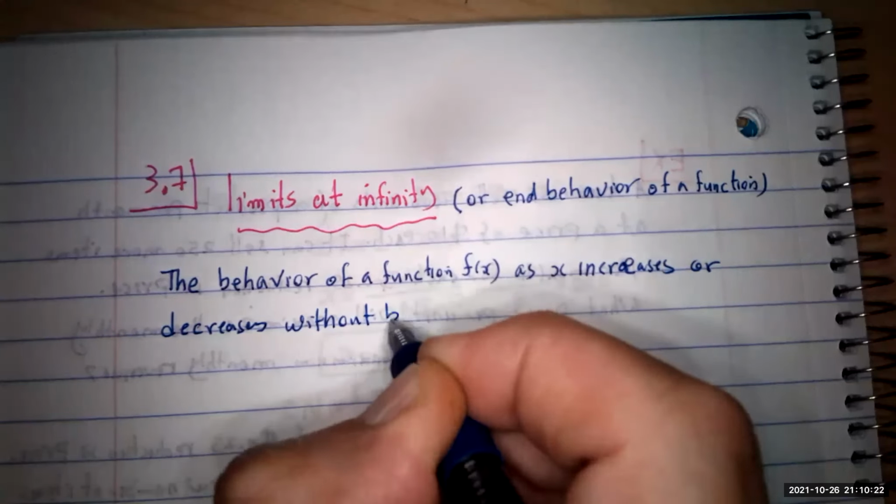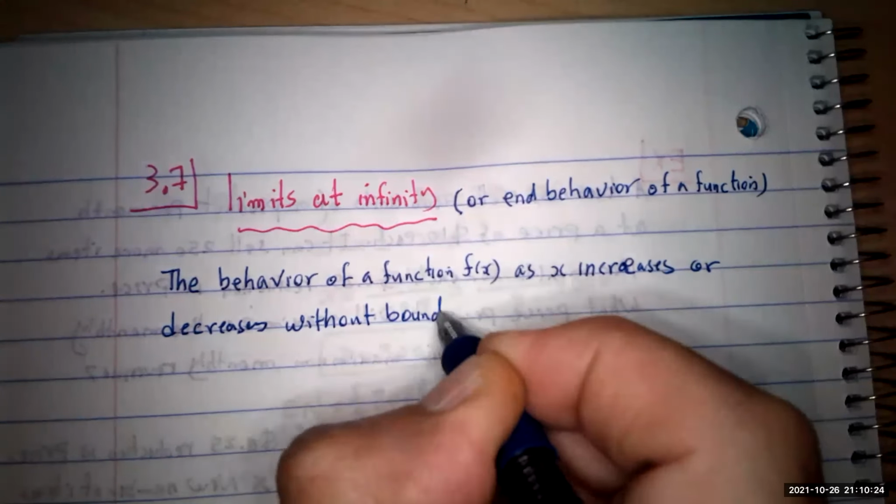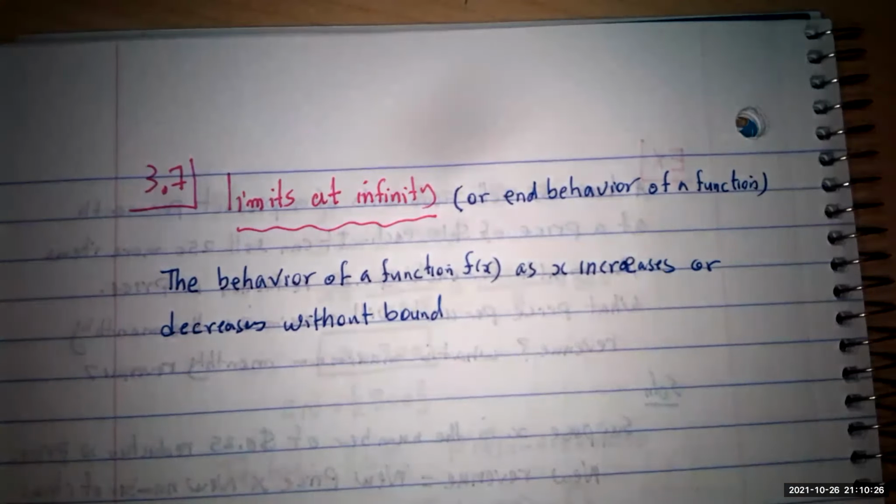Without bound means forever. Increases without bound means x goes to positive infinity. Decreases without bound means x goes to negative infinity.